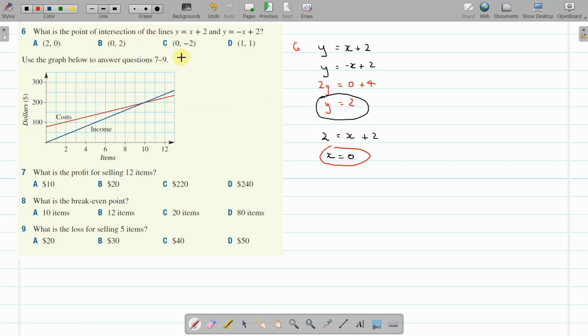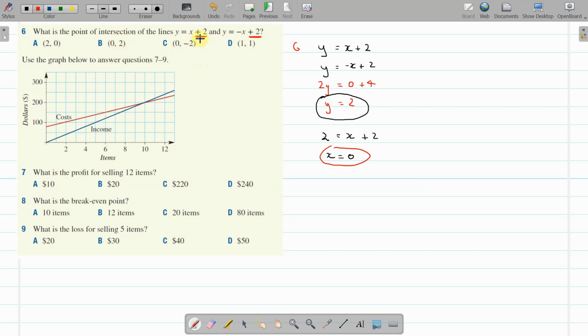The quick way is to realise that this equation here has a plus 2 at the end, which is the y-intercept, and so does this one. So they both intersect with the y-axis at the same place, at plus 2. So that's got to be their point of intersection.